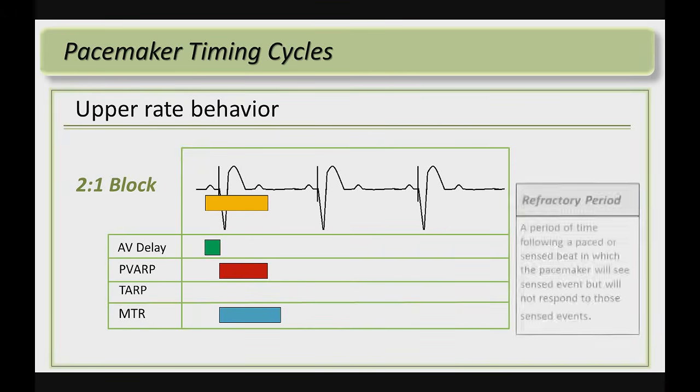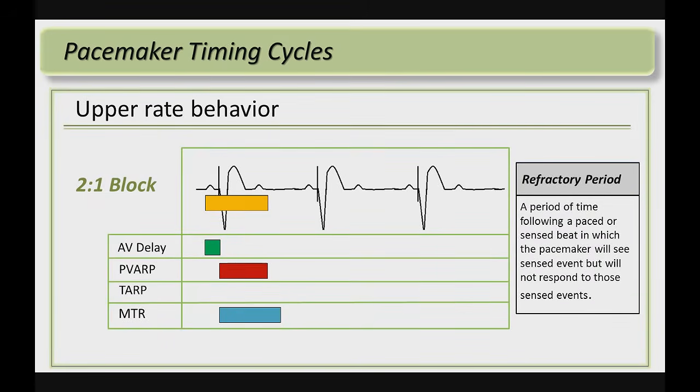If we look back at what the refractory period is, it's a period of time following a paced or sensed beat in which the pacemaker will see sensed events but will not respond to those sensed events. These P waves will be sensed and labeled AR, which means atrial sense in refractory, or AS in parentheses. The parentheses also mean that it's an atrial sense occurring in refractory.